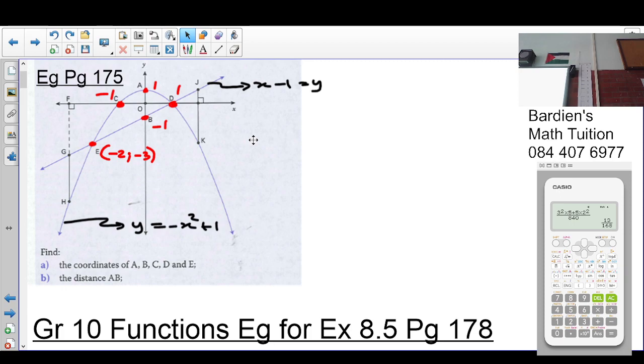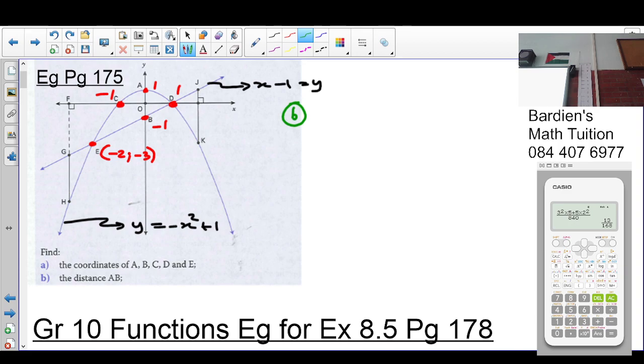Let's look at B. People, you don't do like I'm doing, no? I'm erasing all my answers. You don't do the same in the exam. People, the question says calculate the distance AB.